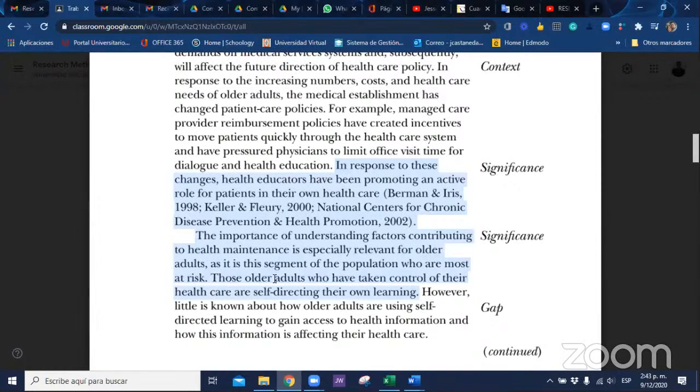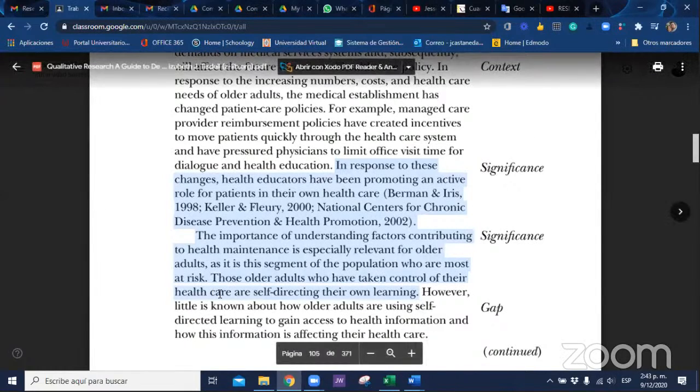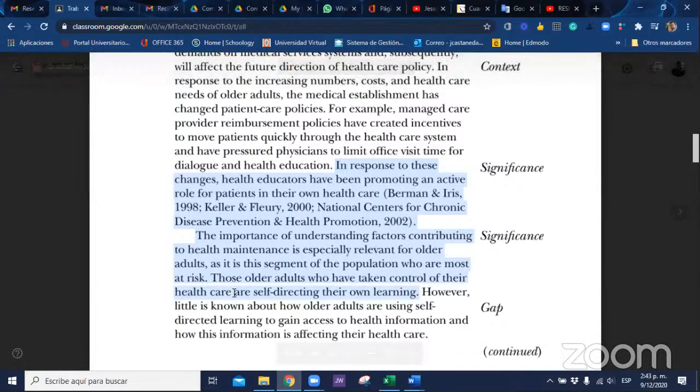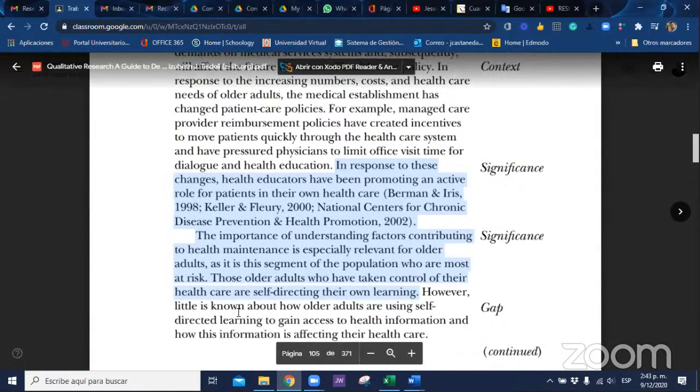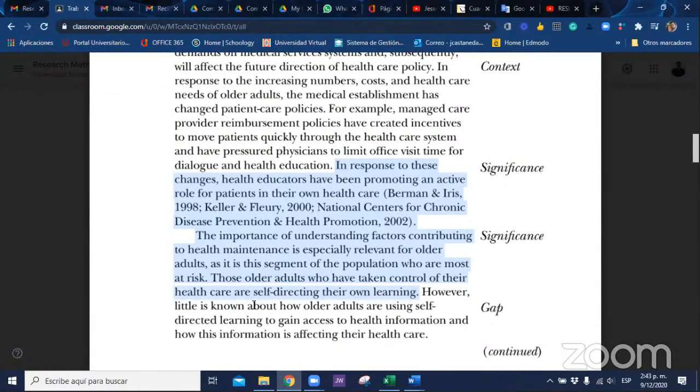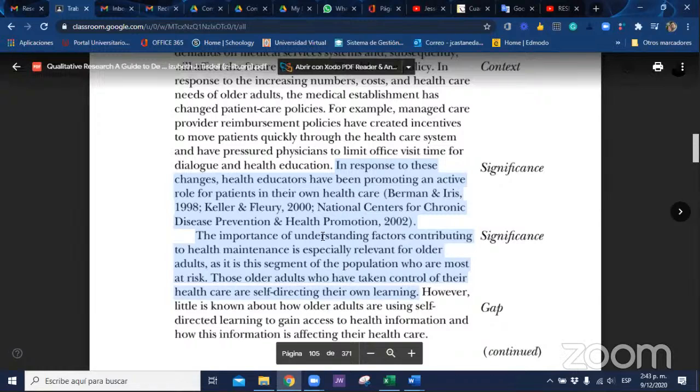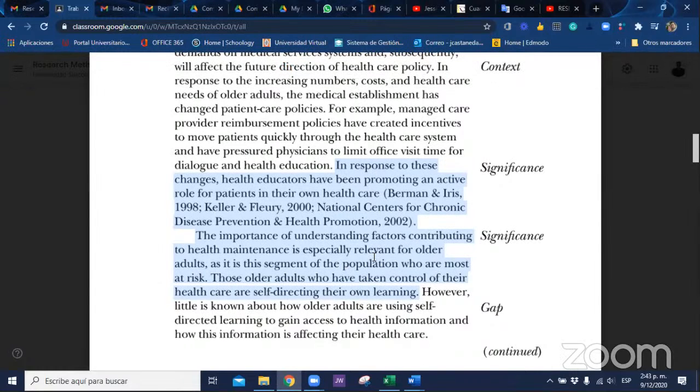And the last one, those adults who have taken control of their healthcare are self-directing their own learning, is also related to the context and the previous observation. So the three reasons are very well sustained to say that this research has to be developed. There are very strong reasons for doing it.